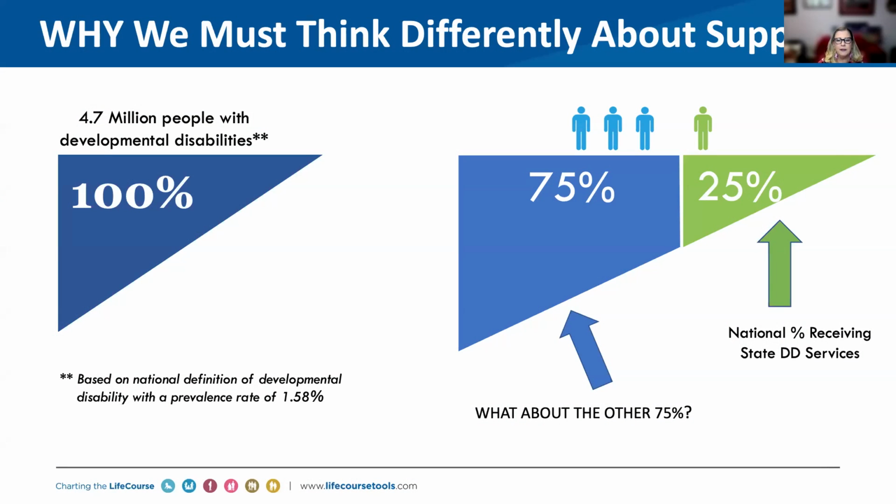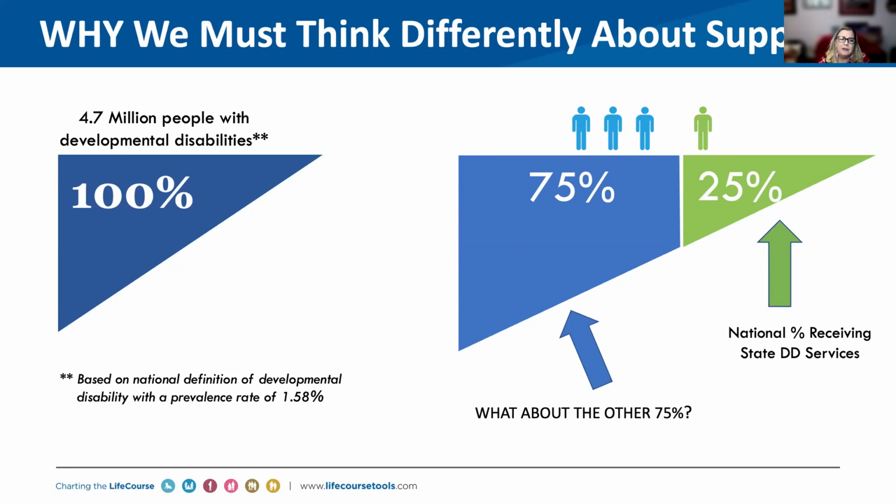So you see a couple of things on the screen in front of you. On your left, and we're going to talk just for a minute about developmental disabilities, just to illustrate a point here, and then we'll kind of generalize it. So we know that there are about 4.7 million people with developmental disabilities in the United States. And that's based on a prevalence rate of 1.58% of the population.